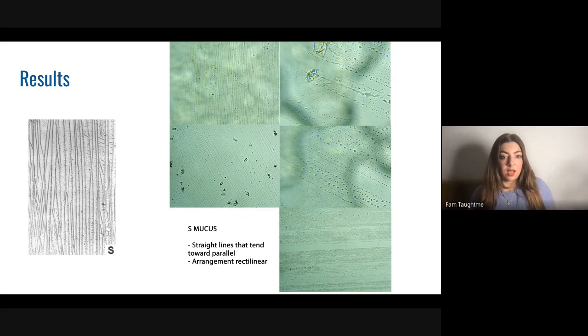I also saw lots of S mucus, so I did see these lines, both discontinuous lines, like little dots in a line, and solid lines, and some of the lines also had some little organic forms coming off the sides, which if you look at the sample on the left here, you can see a little bit of that too, where the line has these tiny little side branches coming off of it. Pretty interesting.